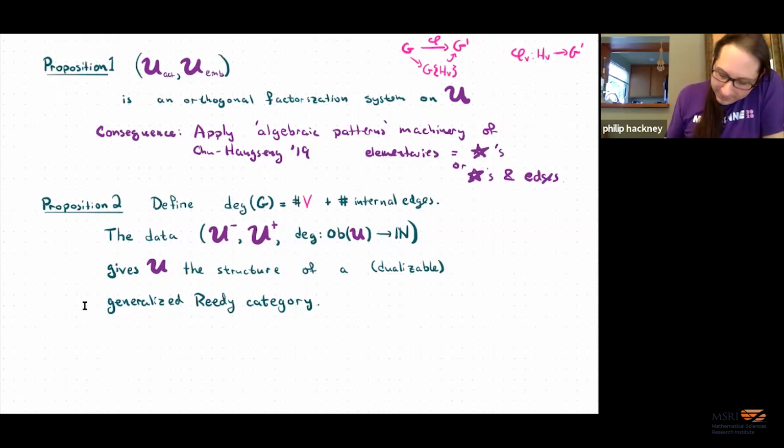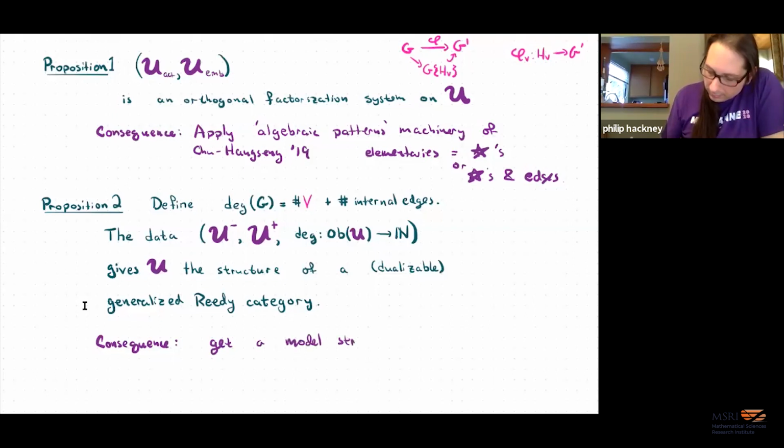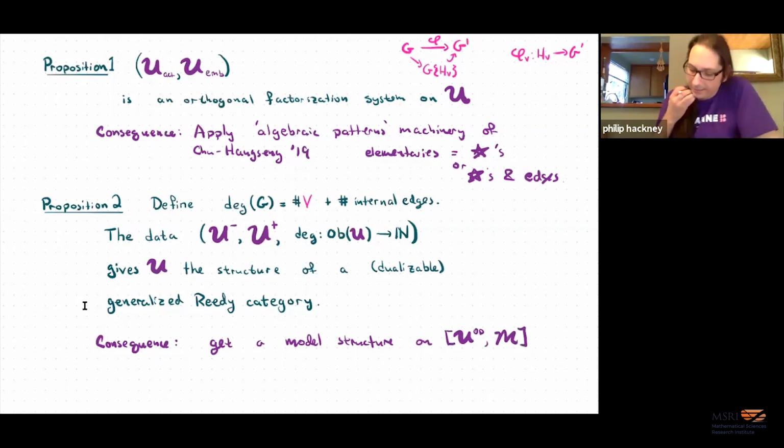One consequence of this is that we get a model structure on presheaves on this category, with values in any, let's say, cofibrantly generated model category M. I'll just write nice enough, because maybe cofibrantly generated is too strong.